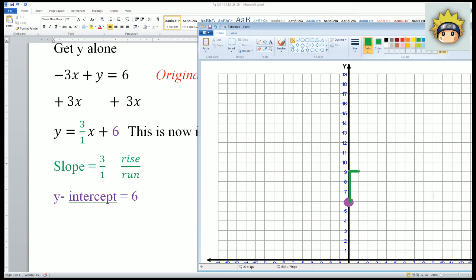So I'm now going to make that a purple and put my second dot here. Now I have 2 dots, and now I can connect them with a line.